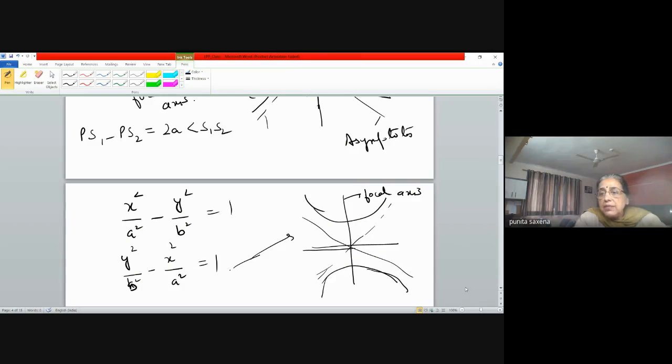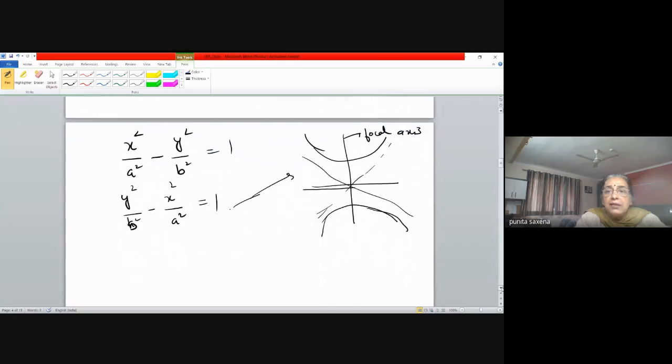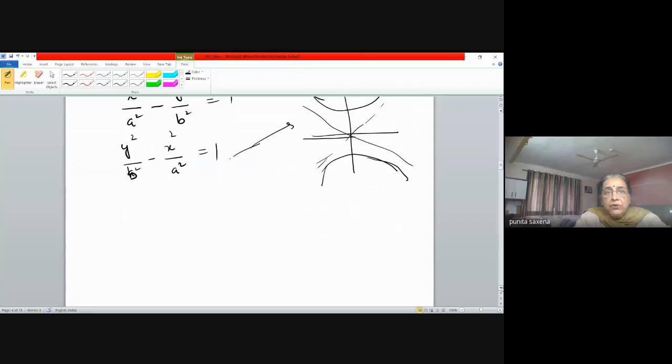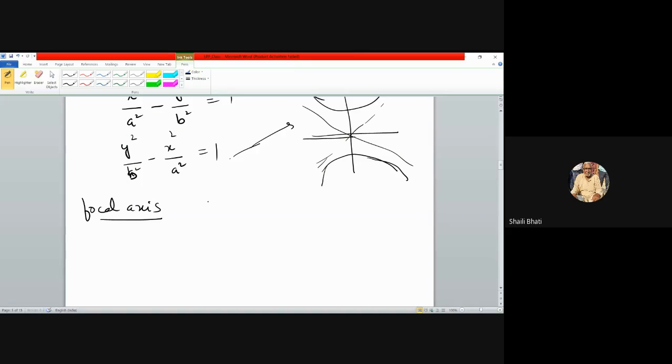So that means in this case, like in ellipse, we first of all identify what is the major axis and what is the minor axis. In a similar manner for hyperbola, we are going to first of all identify which is my focal axis and which is my conjugate axis. Okay.